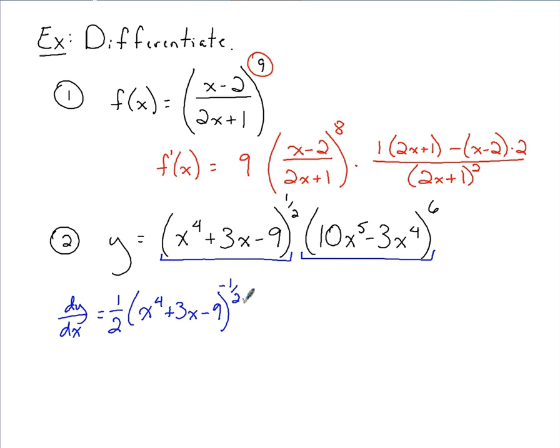I now have to tack on to that the derivative of the inside. So x to the 4th becomes 4x cubed. 3x, that's just 3. And then 9 goes to 0. Got multiple terms here, so I need parentheses. All of this right here is the derivative of this first part. And if I continue now with the product rule, well, product rule states you tack on the second part now unchanged.